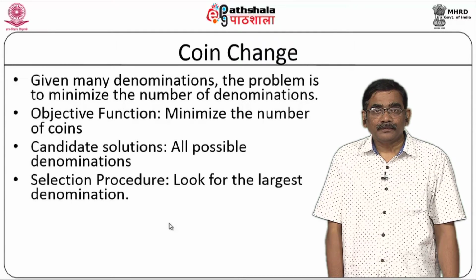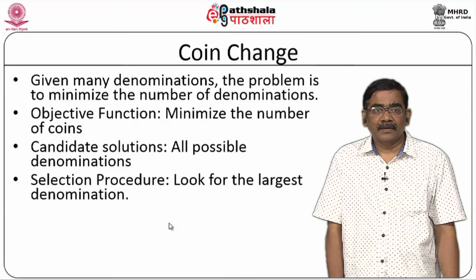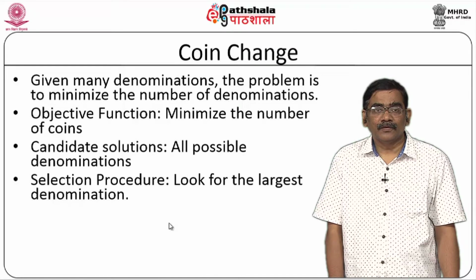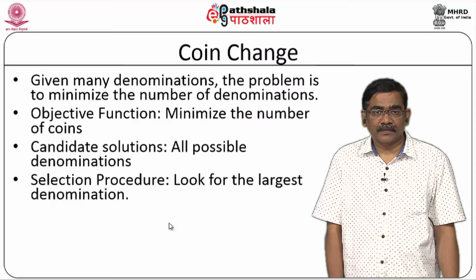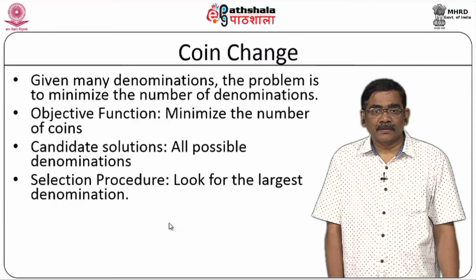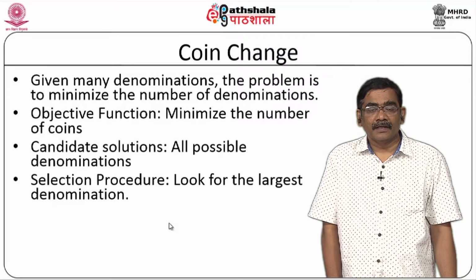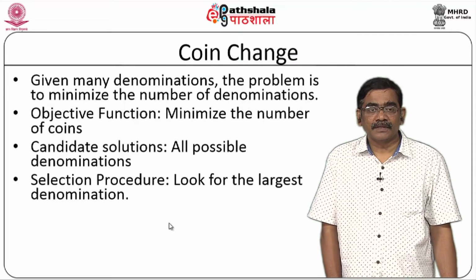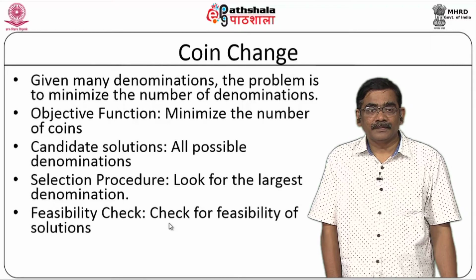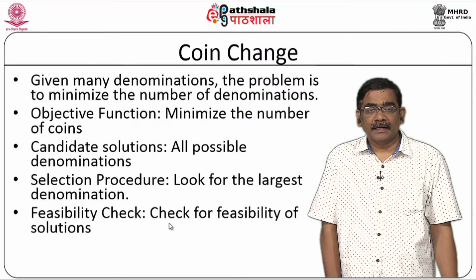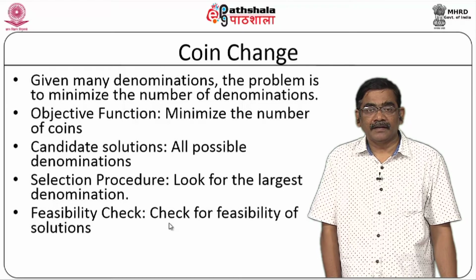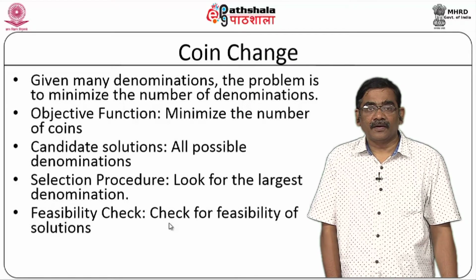In the greedy algorithm, I have to go for a selection procedure. I have to look for the largest denomination. This is what the selection procedure is all about. Then I have to check whether it is feasible or not.